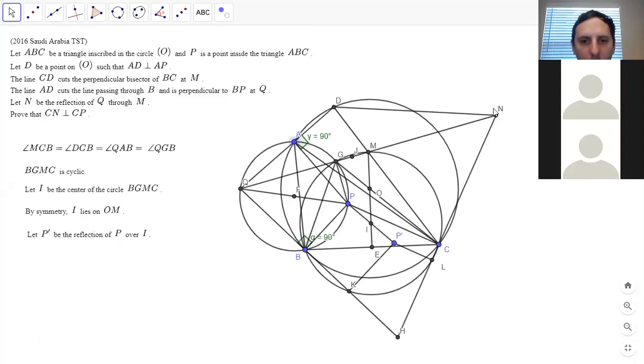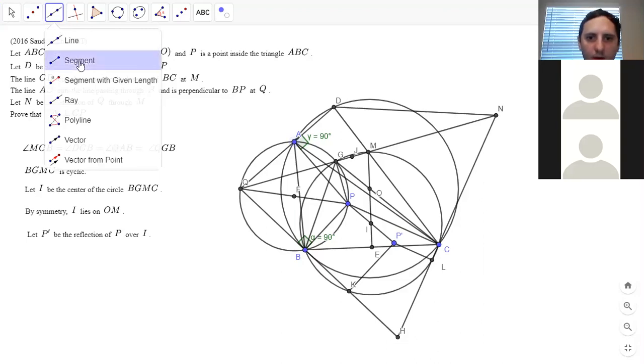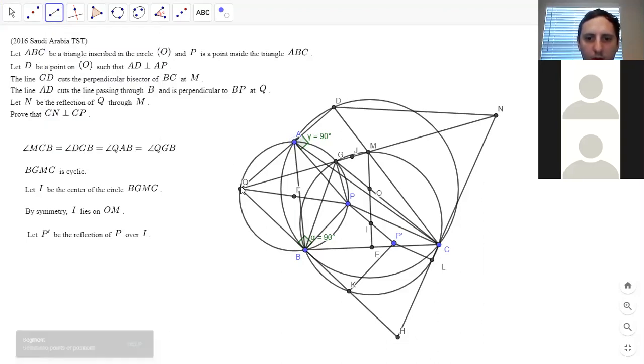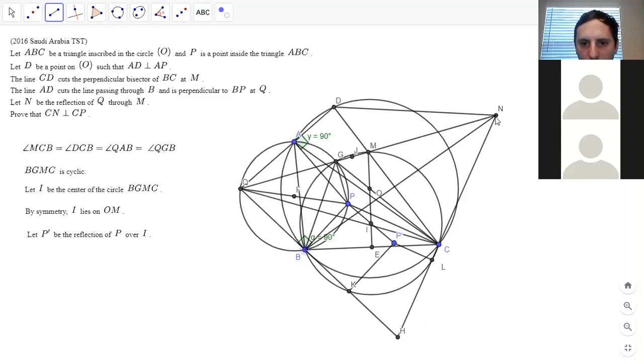Can we use the Gauss line somehow? I don't think so. One sec, I'll be right back.